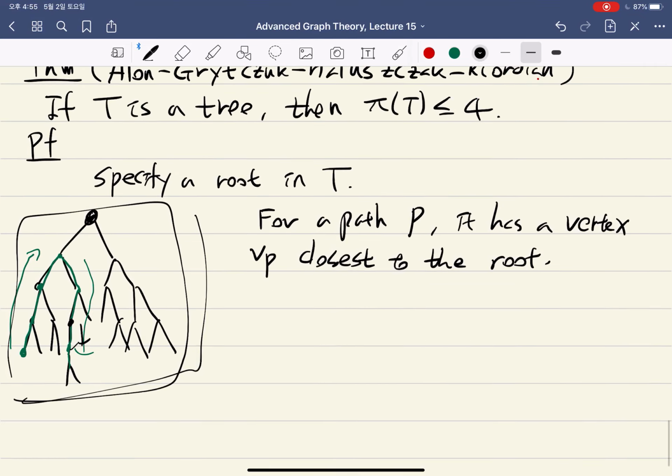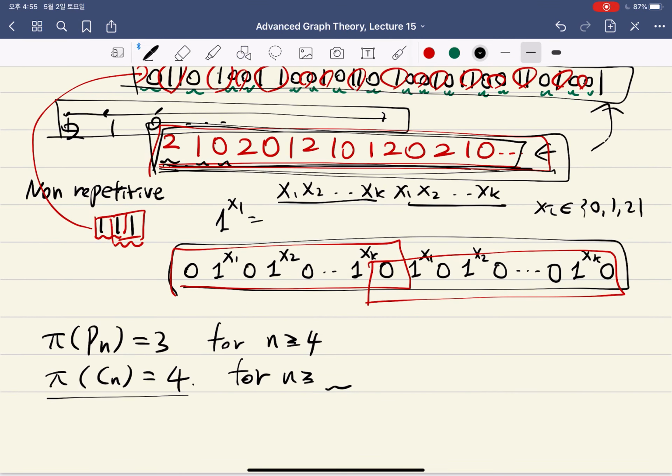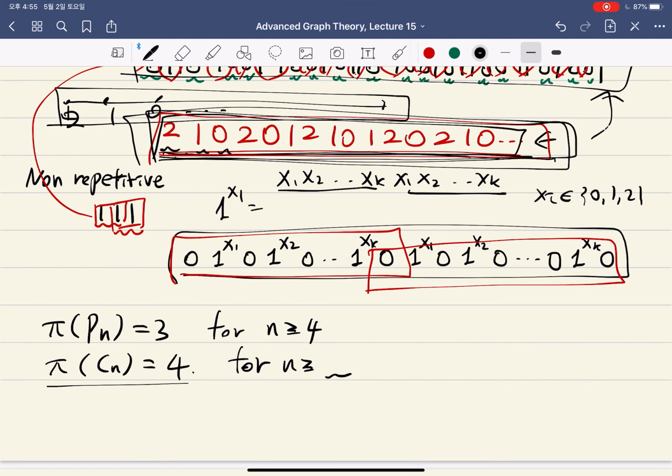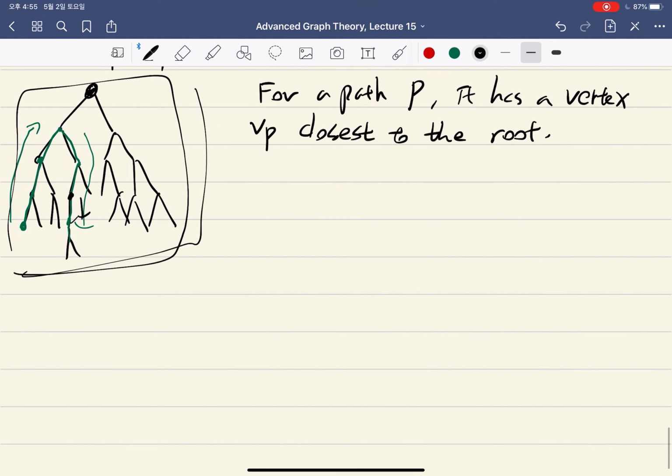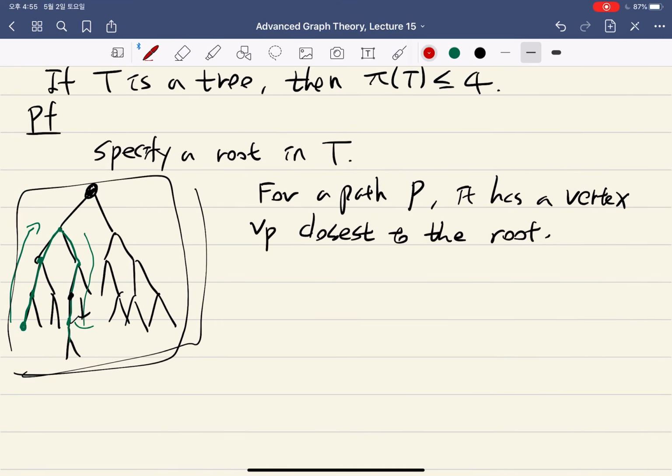Because every path has this specific pattern, it gives us some idea of how we can use this to color it. How? The very basic approach is that we color every vertex here by 2, 1, 0, 2, 0, 1, and so on.